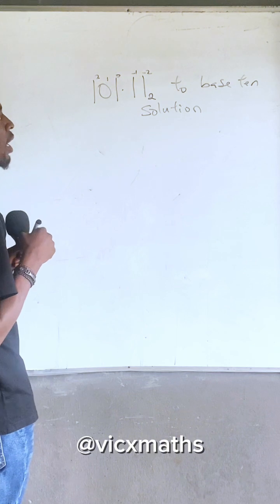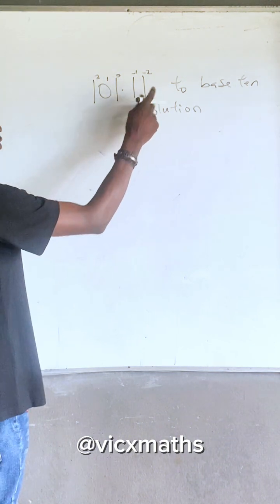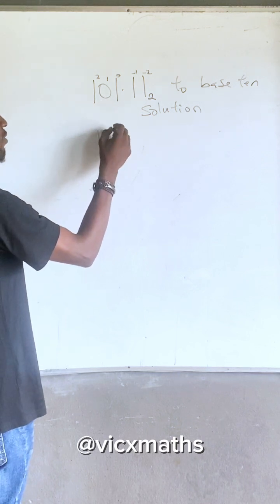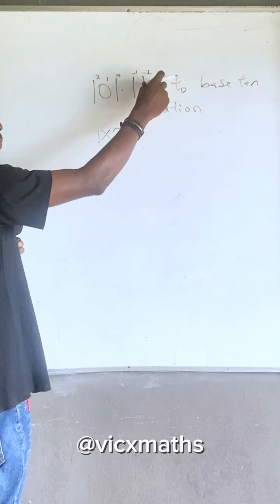So let's continue. After you've gotten this, each of these numbers is multiplied by the base. This is the base 2. Remember that the powers we just wrote are powers of the base.